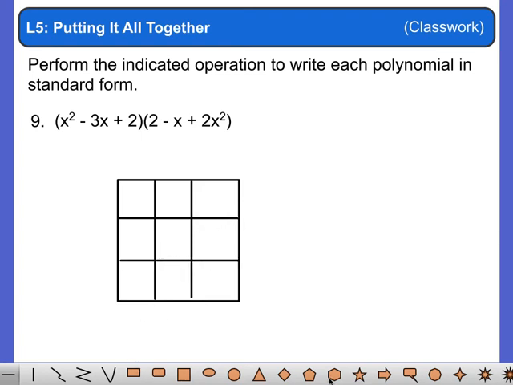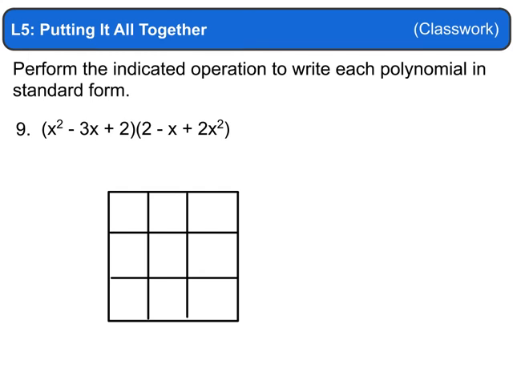So you want to do that if you're going to be easily successful. Like for example, this is x squared, this is x to the first, this is no x, so this one's fine. X squared minus 3x and then plus 2. I want to rearrange these terms so the 2x squared goes first, and then the minus x, and then the plus 2.